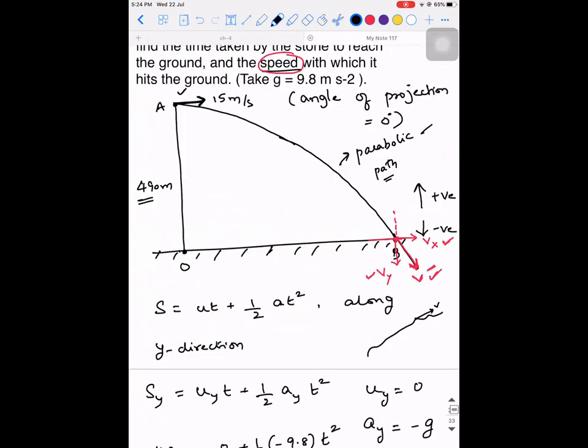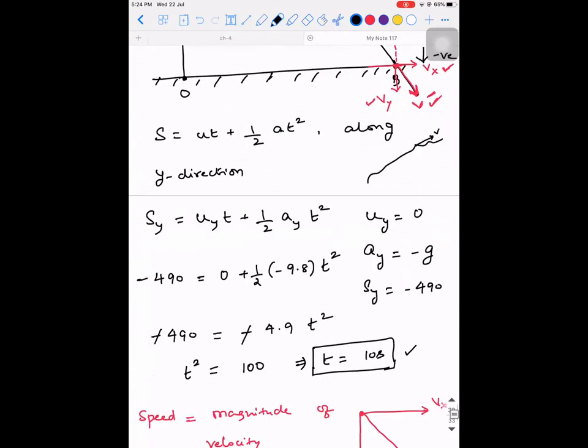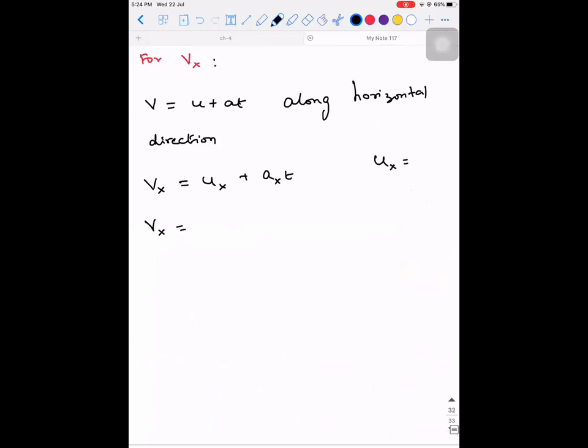Now you guys tell me. What is Ux? Guys, what is the initial velocity along x direction? 15 meter per second.